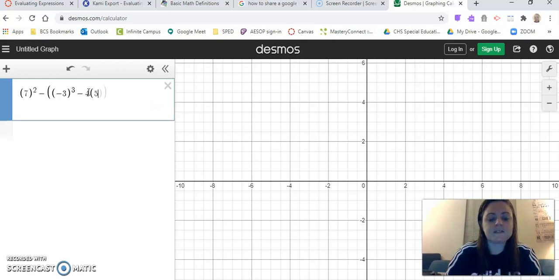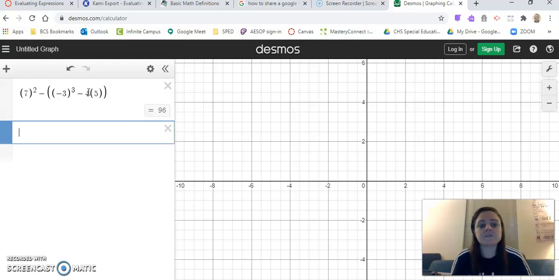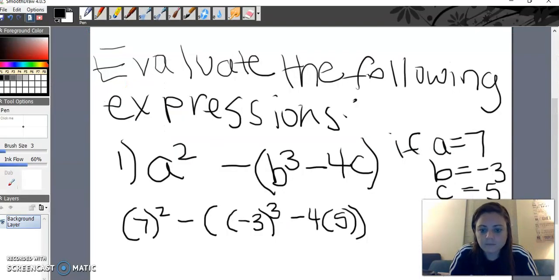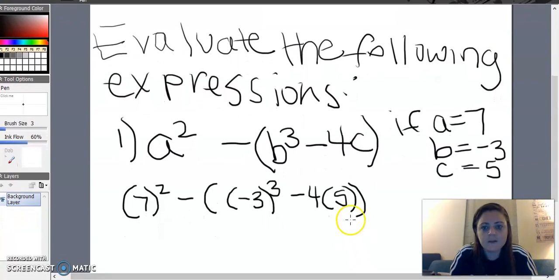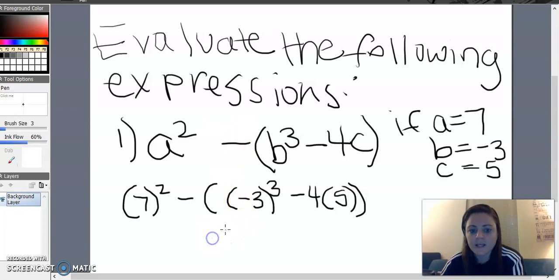So 4 parentheses 5, close parentheses, and then we need to do one more. So we put enter, our answer is 96. So going back here, I'm gonna pull this down a little bit. So this all equals 96. Final answer.